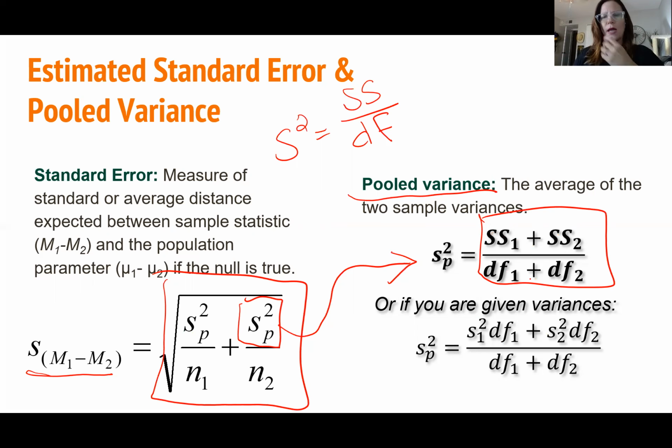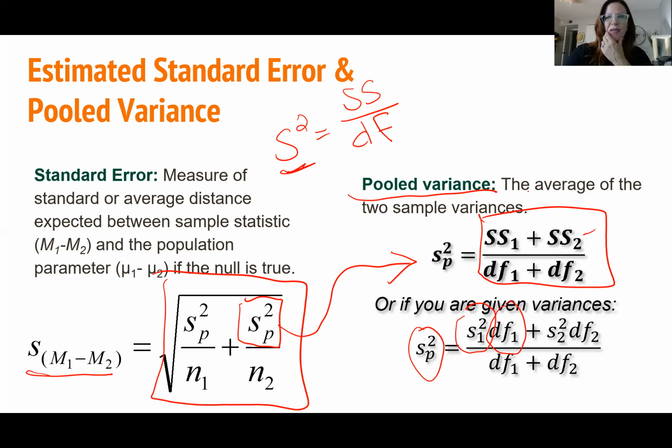Now, I have given you another equation that looks different, but it's basically the same thing. So often, like on exams, for time's sake, I'm not expecting you to calculate from a raw data set and calculate out a sums of squares. I often will give you this for each sample, the variance. So what you would do is take the variance for sample 1 and multiply it by its own degrees of freedom.